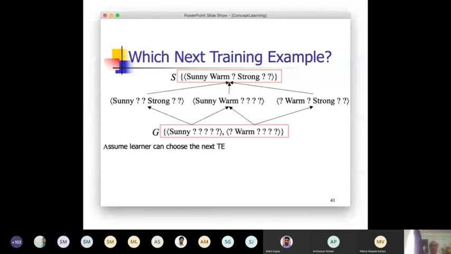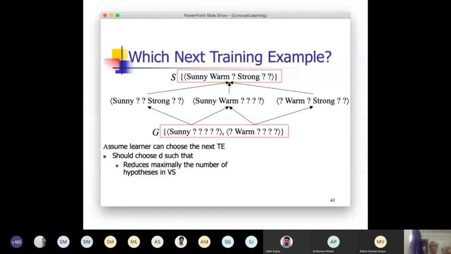So the question is, is there any kind of policy for selecting an order of examples which will make this computation more efficient, right? If you have that kind of flexibility, you should choose the example that reduces maximally the number of hypotheses in VS. That means when you are trying to get a version space, you are basically trying to narrow down your search space in your hypothesis space.